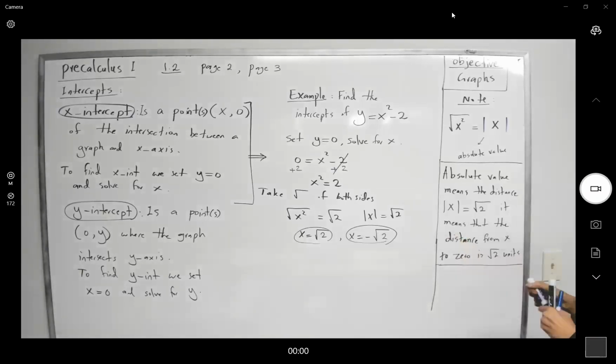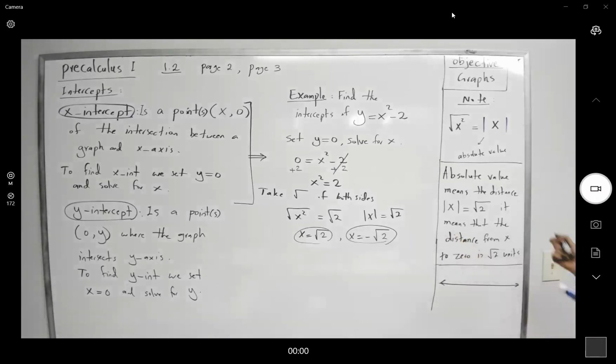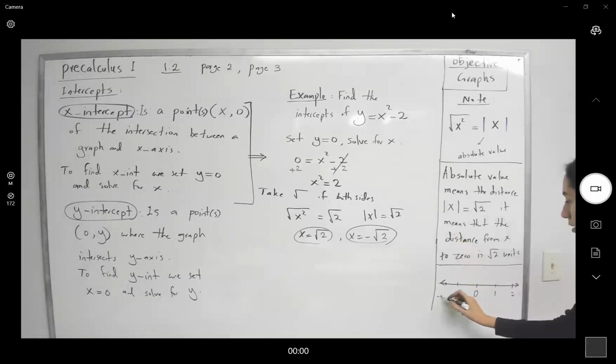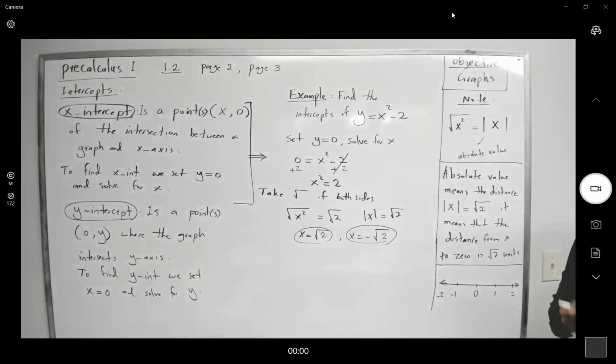If you look at your x-axis, you have the 0, and then you have 1, and some negative numbers, some positive numbers on both sides. Well, the distance from x to 0 is square root of 2. It means that that number can be positive, that number can be negative. We are measuring the distance.